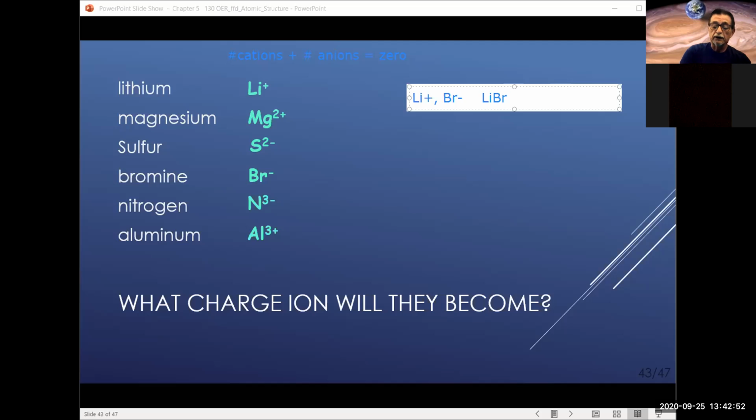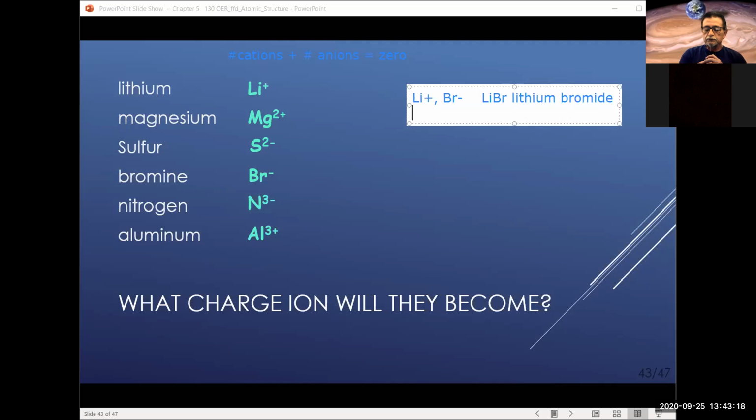That is the formula for LiBr. Lithium bromide is the name. Eventually, we get to the point where, given the name, you work backwards to write the formula, or, given the formula, go forward to give the name. So going back and forth, back and forth.